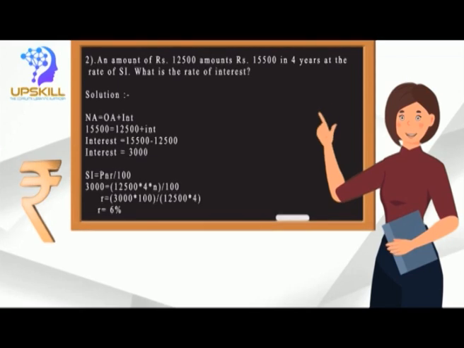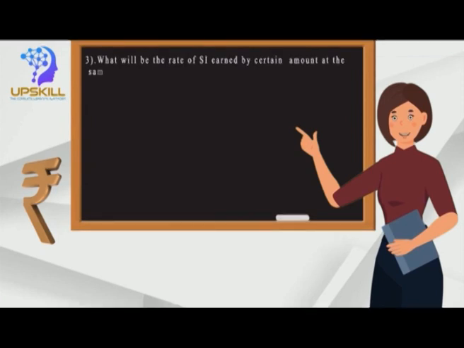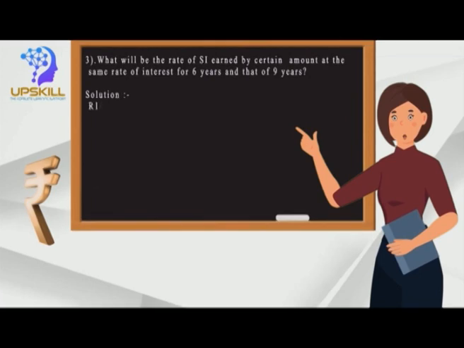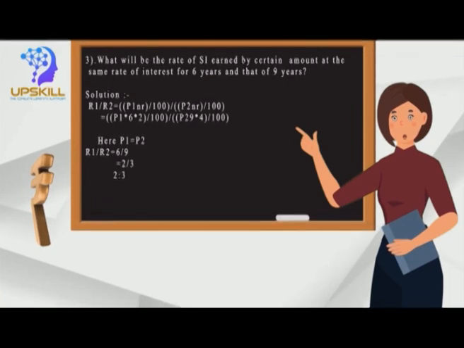Now, the third question. What will be the ratio of simple interest earned by a certain amount at the same rate of interest for 6 years and that for 9 years? So, they have given the same rate of interest, and they have asked to find the ratio. With the help of simple interest, we are going to do this. It is given that I1 by I2 is equal to PNR by 100 divided by PNR by 100 for 6 and 9 years.